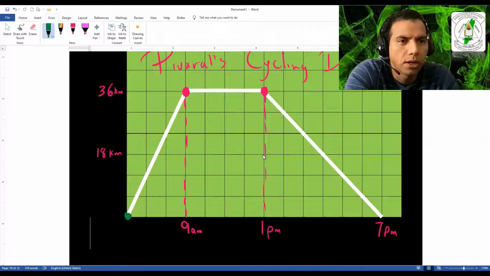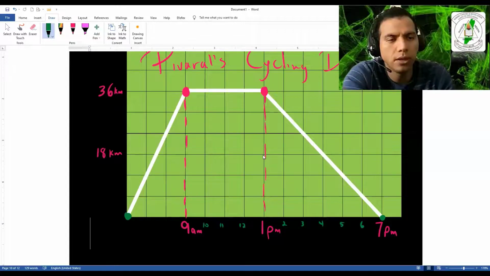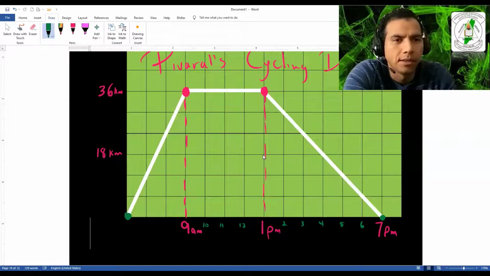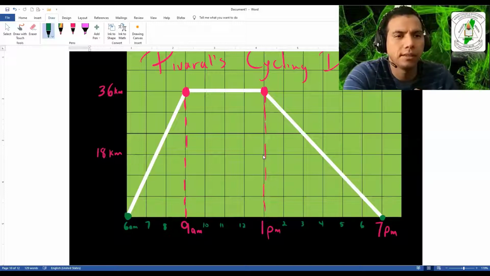If we count by 1 hour, we note that it is 10, 11, 12 o'clock, then 1 o'clock, 2 o'clock, 3 o'clock, 4 o'clock, 5 o'clock, 6 o'clock, and then 7 o'clock, 7 p.m. So let's go in reverse order here. We will have 8 o'clock, 7 o'clock, 6 in the morning.